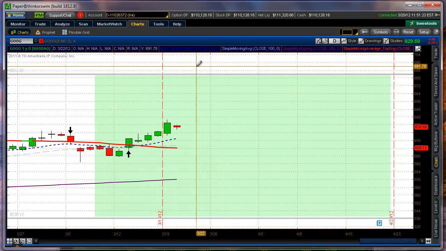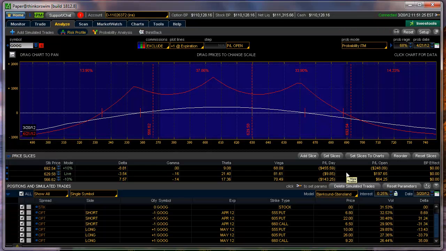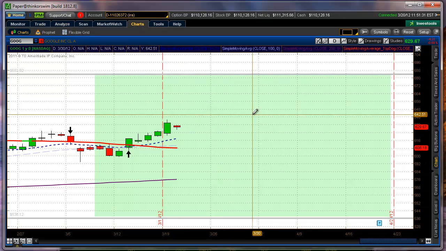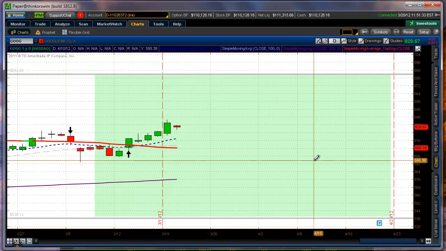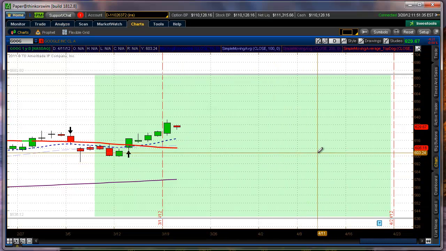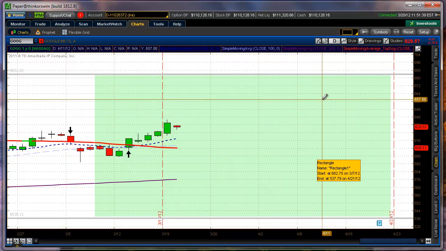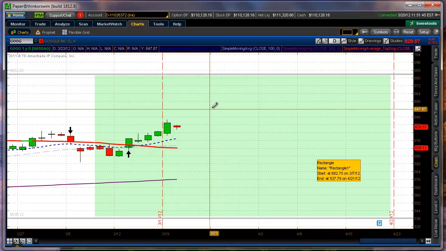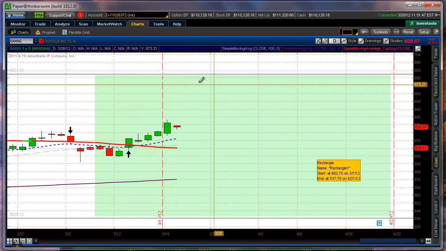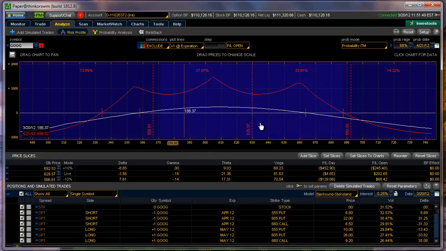What did I say? 555. Memory's going to pot here. 605 and 660. So 605 around here, and 660, which would be up around here. I just split this into threes, and that's ideally where we would like this to end up. But time will tell. We'll just keep an eye on it.